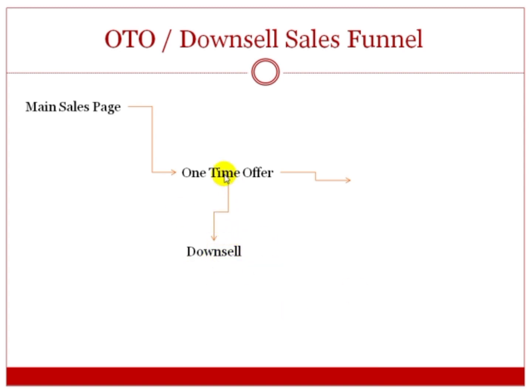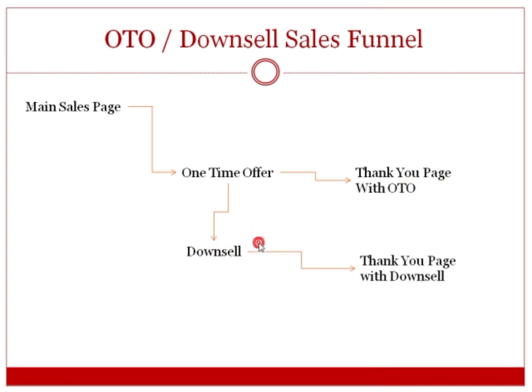Now, if they click yes, then you have to direct them to a thank you page. So you're going to need to have 3 different thank you pages. So main sales page, one-time offer, thank you page with the one-time offer. If they say no and then they purchase the downsell, then they are going to be sent to a thank you page with the downsell.